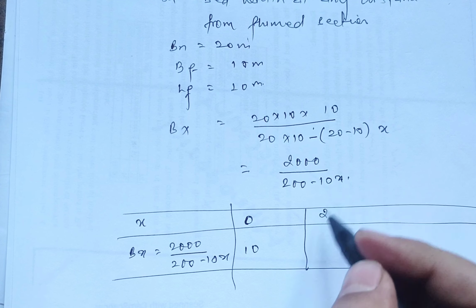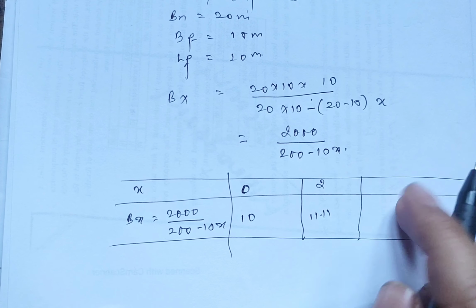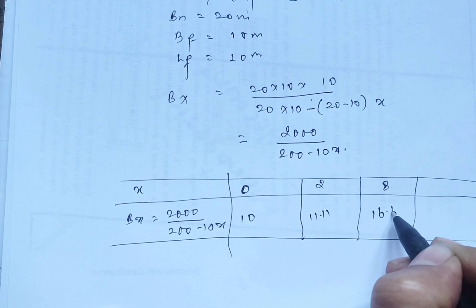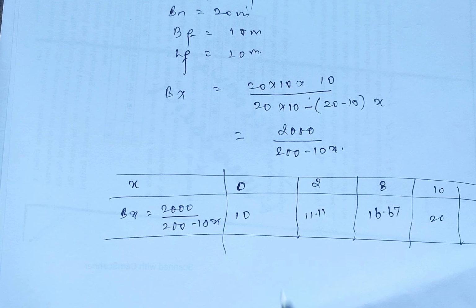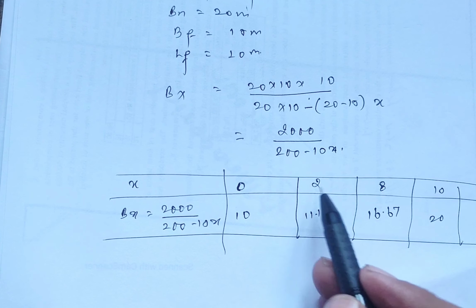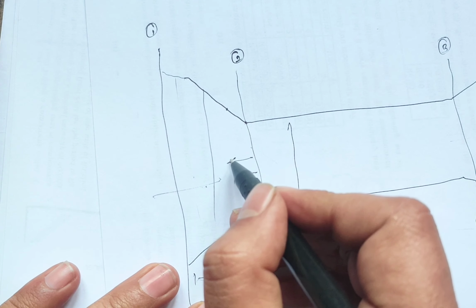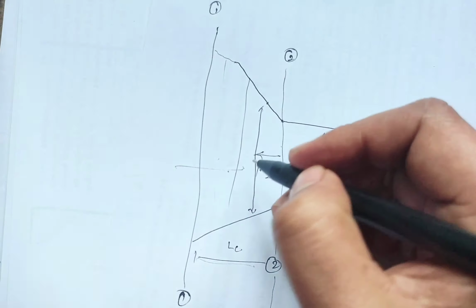On placing 2, we receive 11.11, and similarly you can place 4, 6, but I'll place 8. On placing 8, it will be 16.67, and placing 10, it will be 20 meter. From this we can conclude that at 2 meter upstream from the flume section, the width will be 11.11 meter.